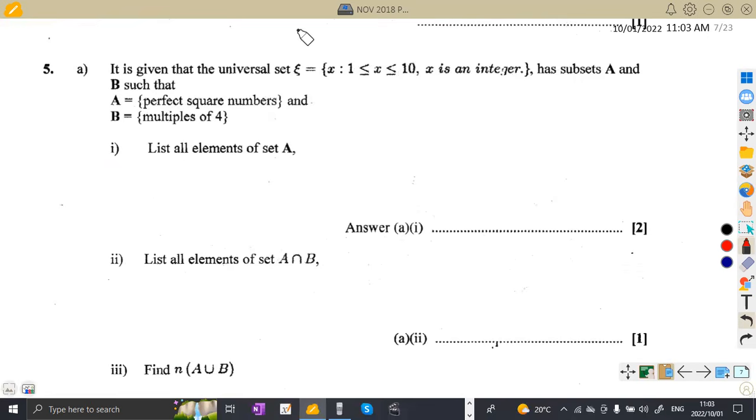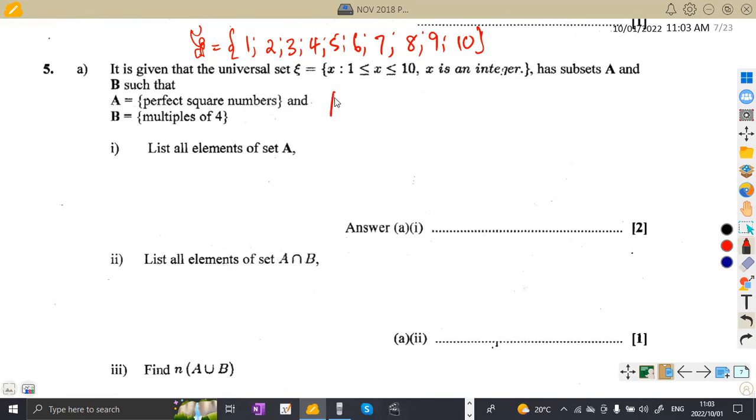All right, so the first thing is to know, since we're talking about numbers from 1 up to 10, our universal set is going to be of elements 1, 2, 3, 4, 5, 6, 7, 8, 9, up to 10. So this is your universal set actually.